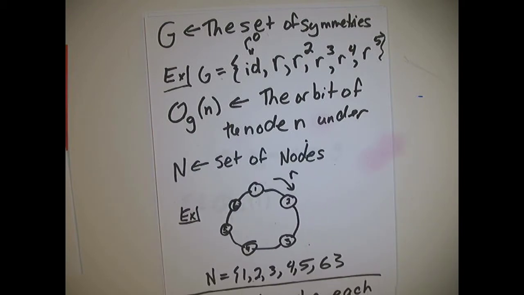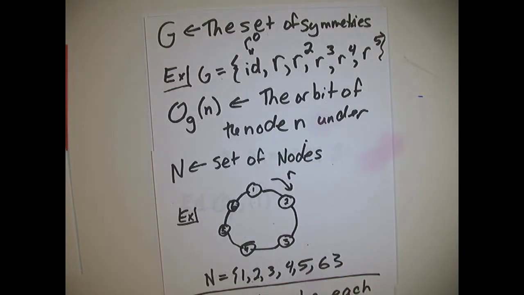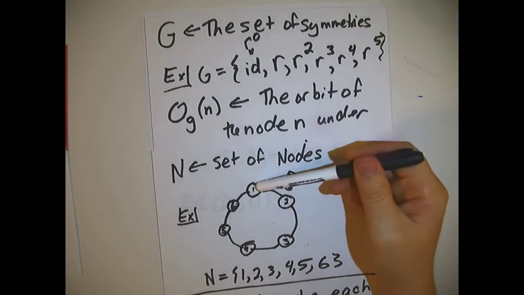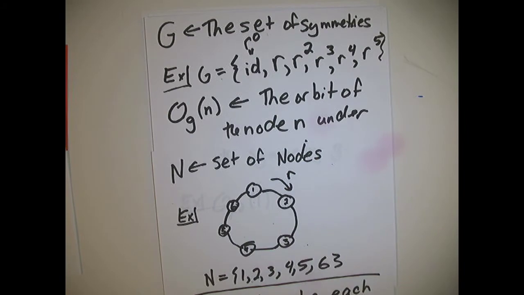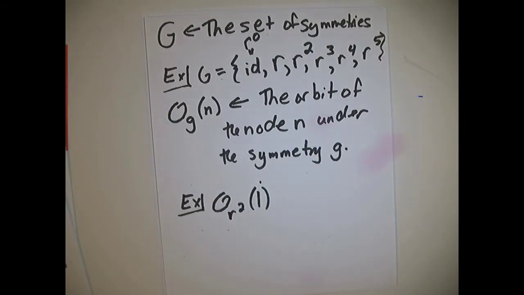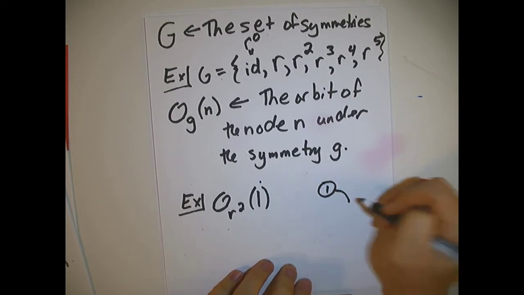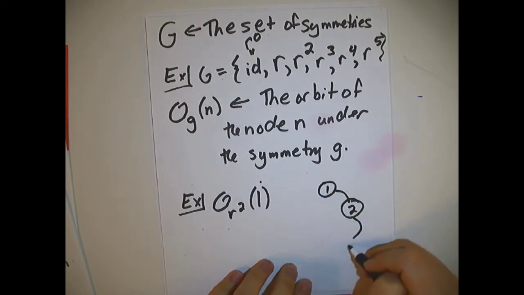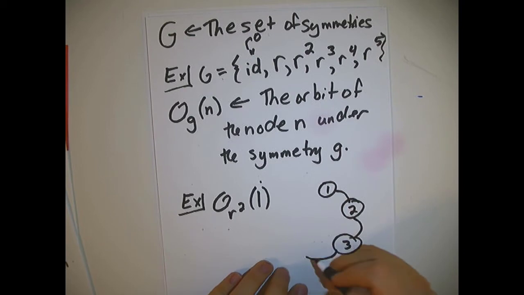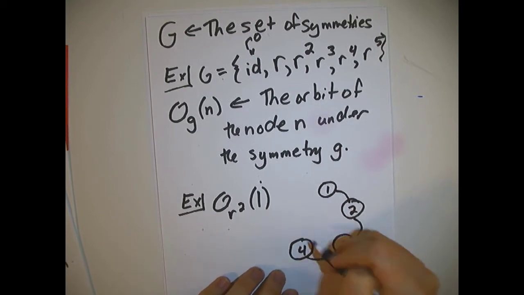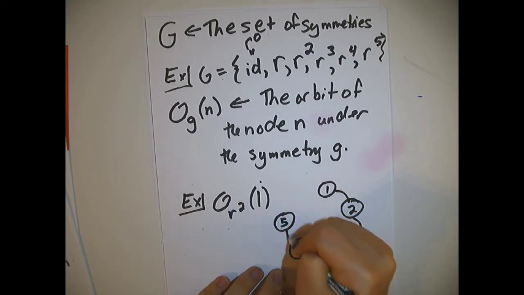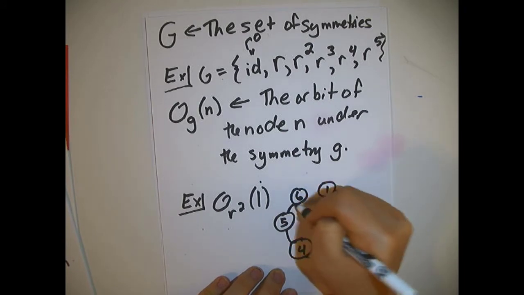The orbit is going to be the places you can get by using that symmetry from that node. So if I'm looking at the symmetry r squared on our 6-bead necklace, there's 1, 2, 3, 4, 5, 6.